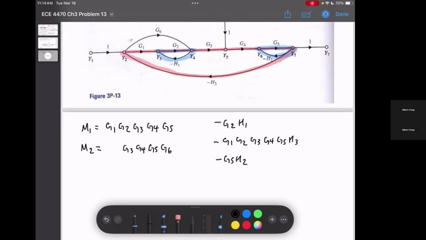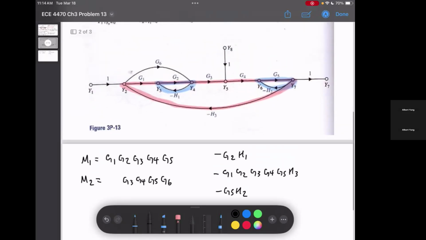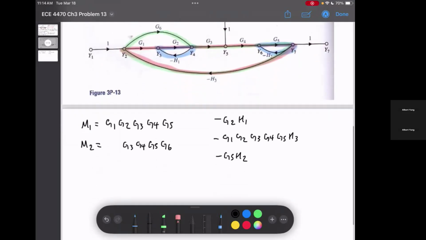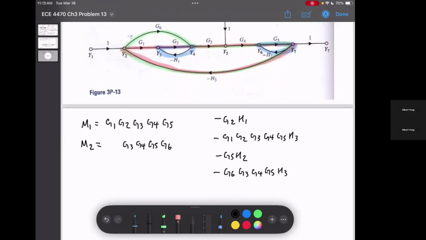And there should be another one. Yes, we can also go here and through. That's a different loop. So that would be G6, G3, G4, G5, and H3, and it'd be negative.